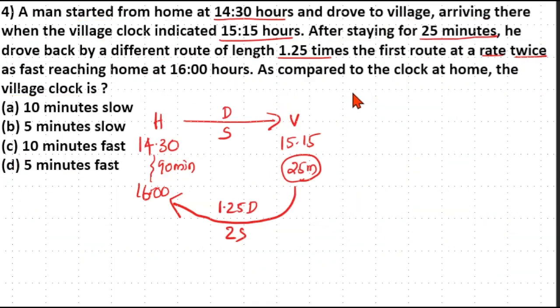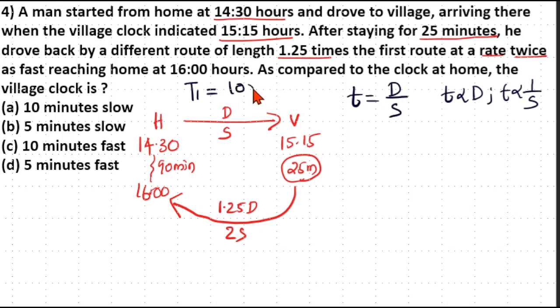Here, the second method: time is distance by speed. That is, time is directly proportional to distance and time is inversely proportional to speed. Now, if I take the time taken for the first route as 100 units, then the time taken for the second route will be, here the initial distance is d, which is increased to 1.25 times d.